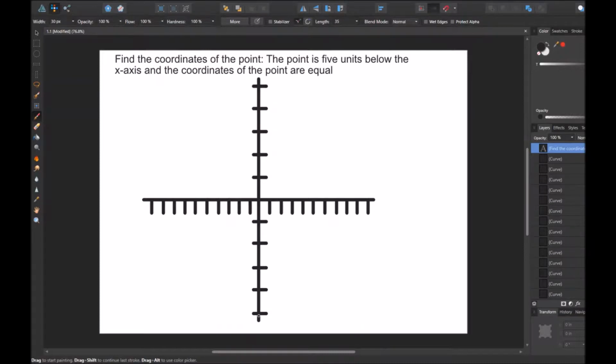And because the coordinates of the point are equal, that automatically means that the value in the x position is negative 5 as well. So we go 1, 2, 3, 4, 5, and we count down 5 all the way to this bottom point over here. And then we say that our point is negative 5, comma negative 5.